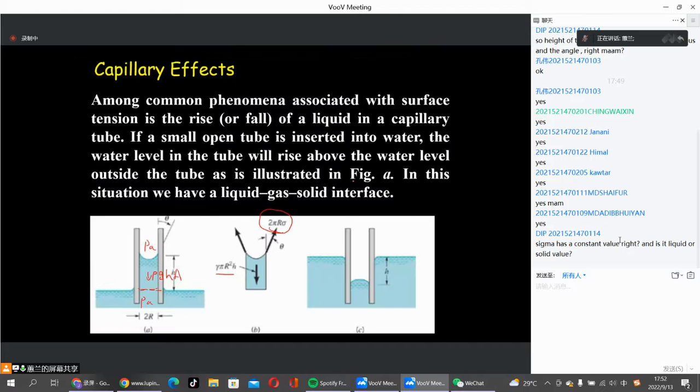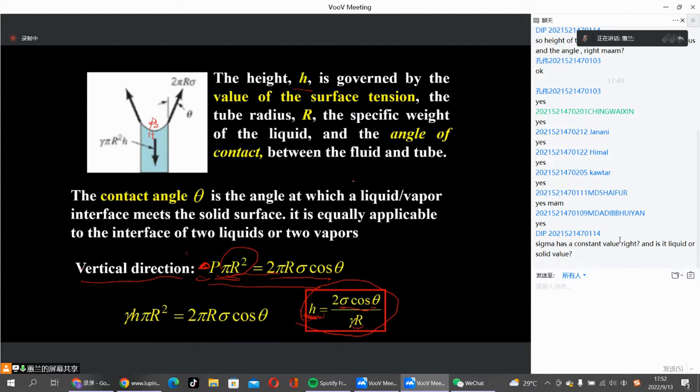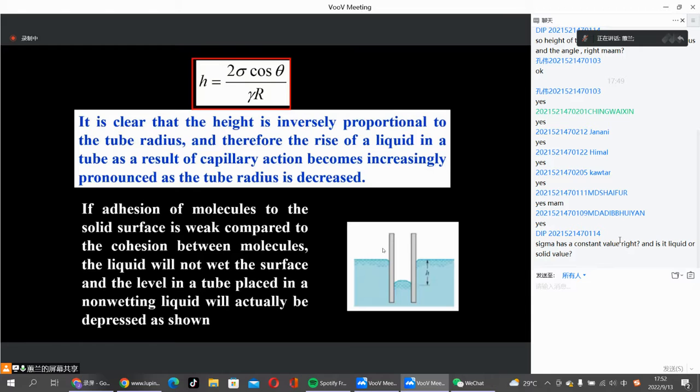So for the same liquid, sigma will be the same. Theta, the contact angle, is decided by both the liquid and the solid. Gamma is the specific weight of the liquid. R is the tube radius.